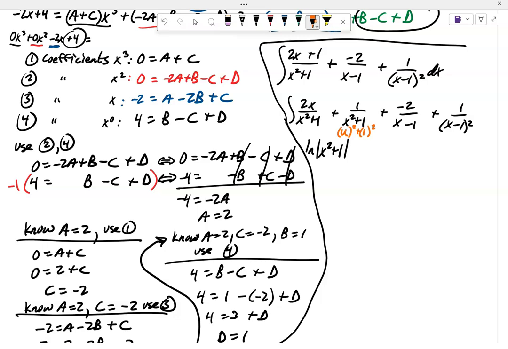So it'd be 1 over a arctangent of u over a, which is x.